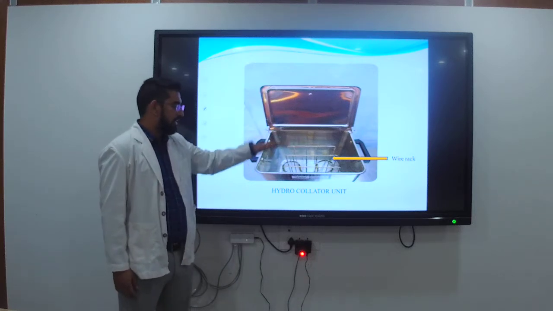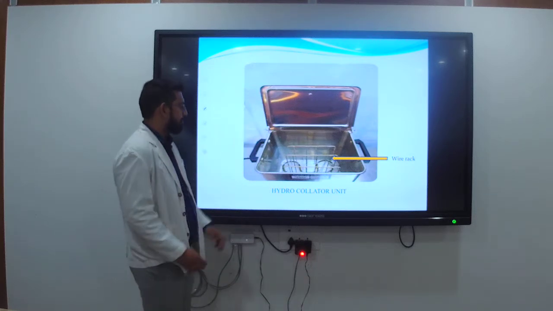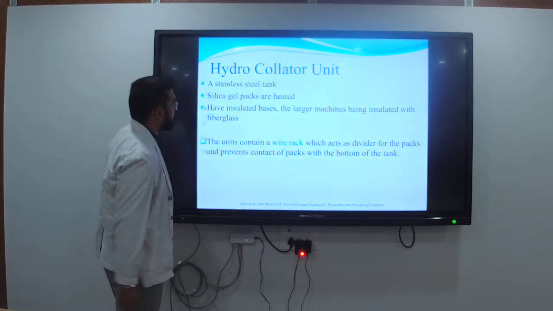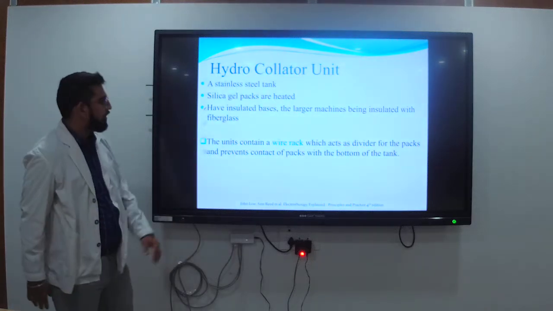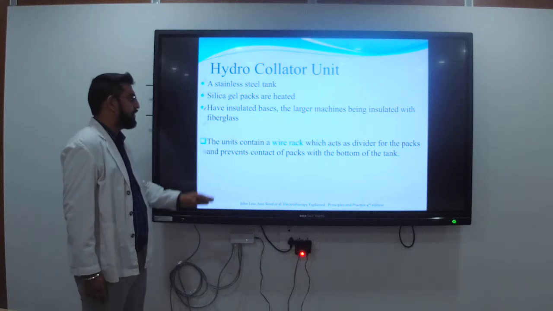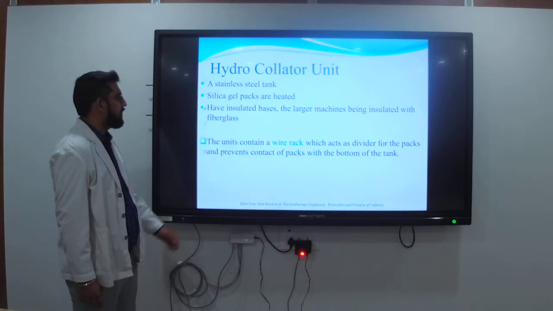So to stop that, it has been covered using this. It contains silica gel which is heated, as I already explained.